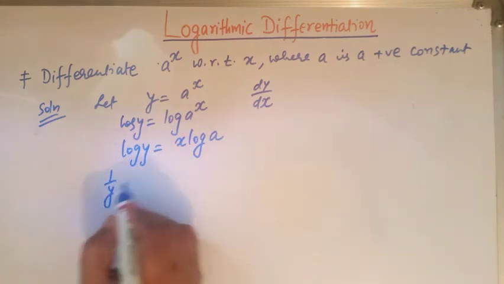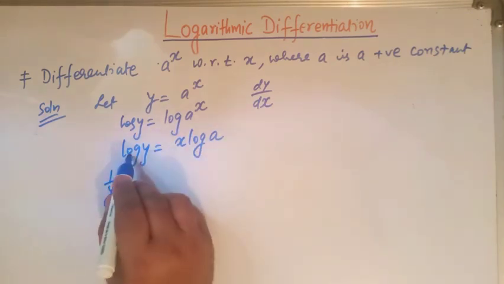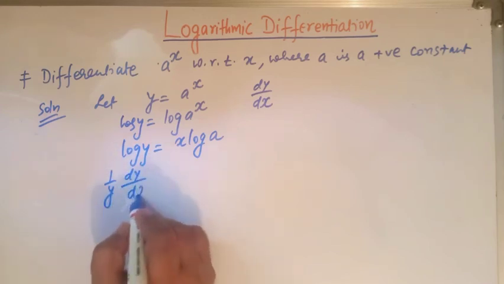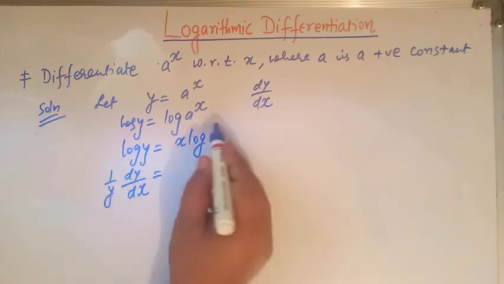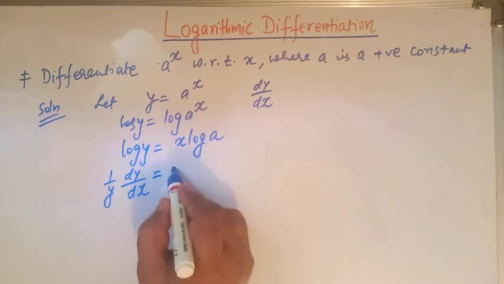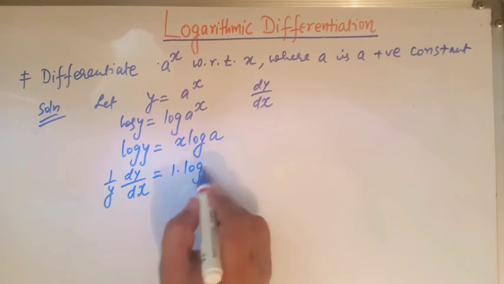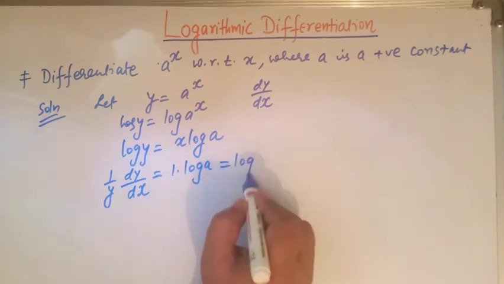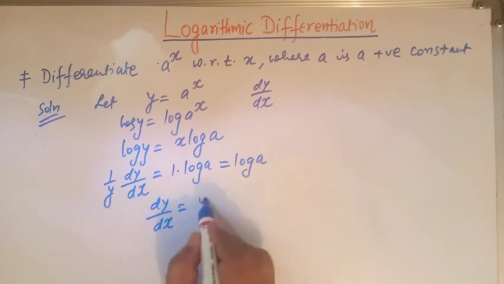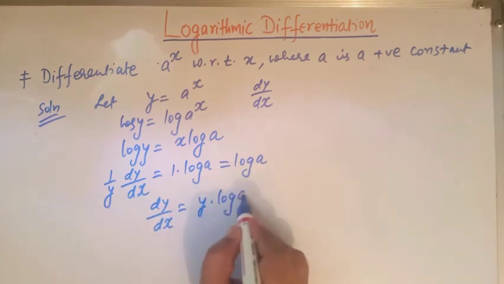Differentiating both sides with respect to x, the derivative of log y is 1 over y times dy over dx. And log a is a constant, and the derivative of x is 1. So we have 1 times log a, which is equal to log a, right? So therefore dy over dx is y times log a.